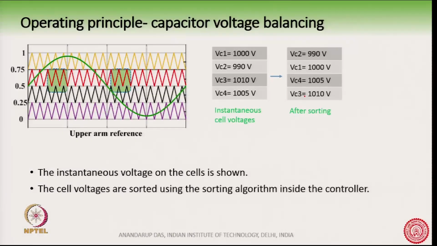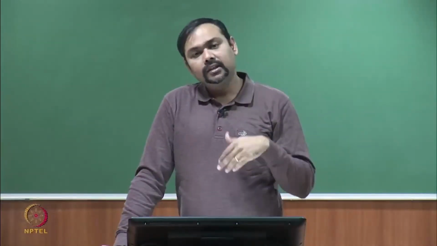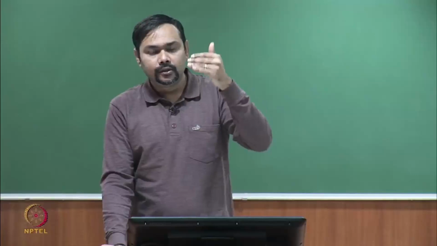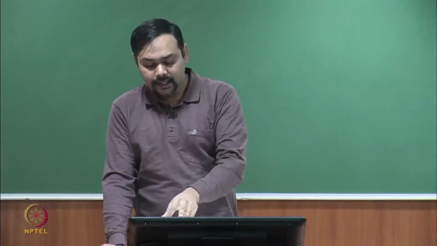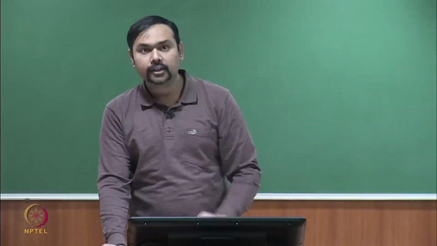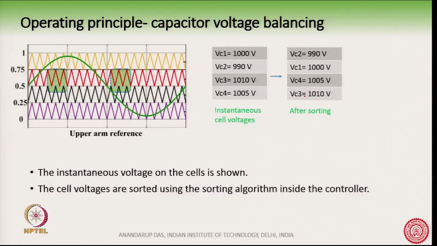The instantaneous cell voltages are usually obtained from the ADC, the analog to digital converter. It will sense the voltage and this information will come to the controller. The controller will then sort these voltages and make a new table here: 990, 1000, 1005 and 1010 volt.